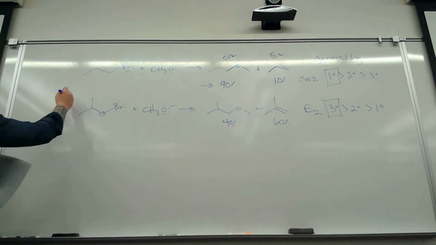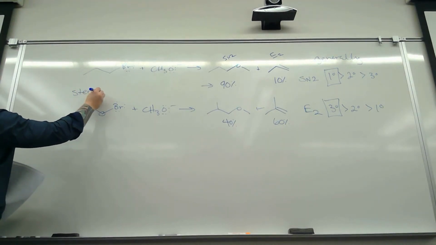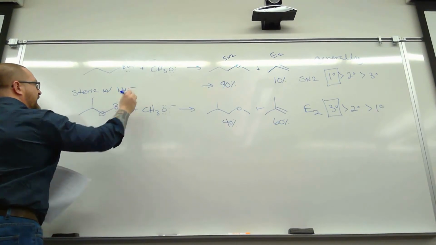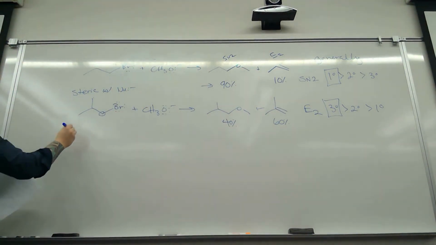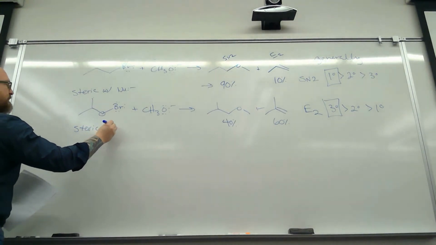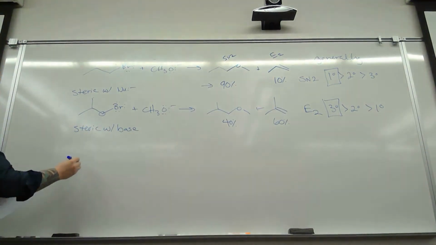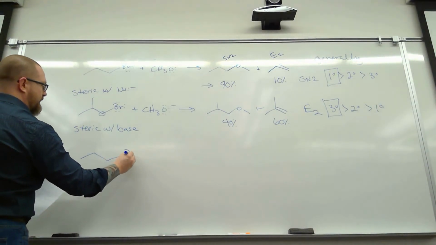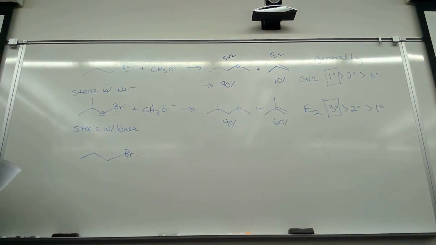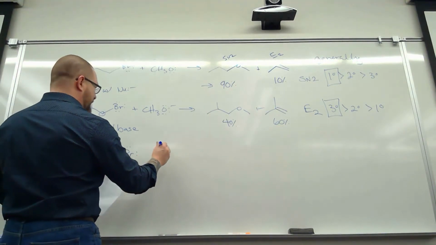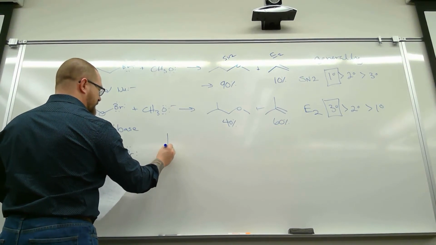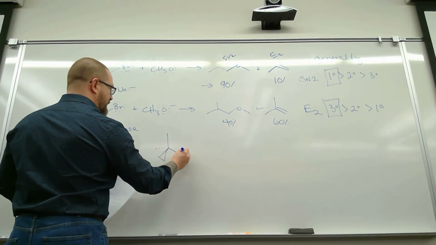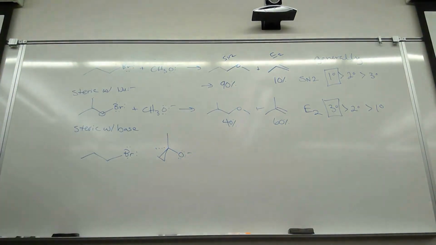So you can have a steric issue with the nucleophile accessing the electrophile, and you can also have steric issues with the base. So if we have a non-sterically hindered alkyl propane, and we have t-butanol, which has been deprotonated to t-butoxide, that's a pretty bulky base.